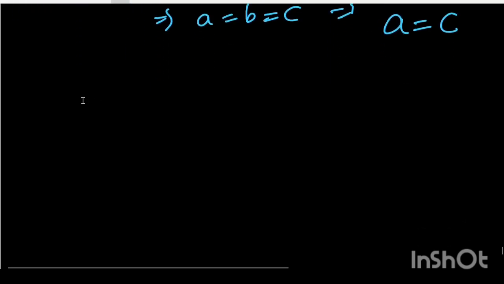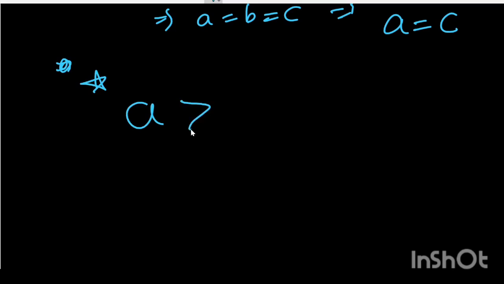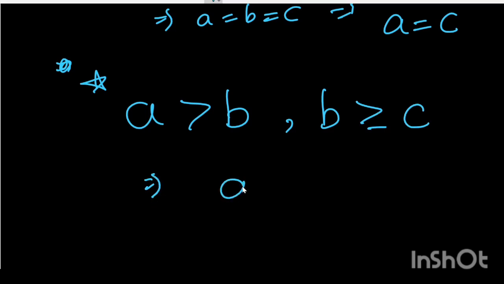So what if now, if we place equality, like if A is greater than B, B is greater than equal to C, then what is the relation between A and C? Greater than will come only, or greater than equal to will also come?